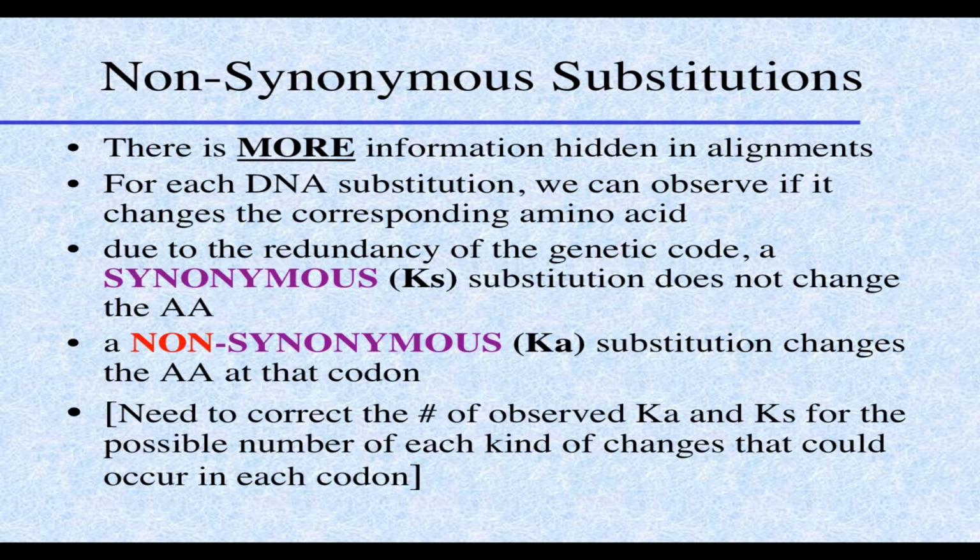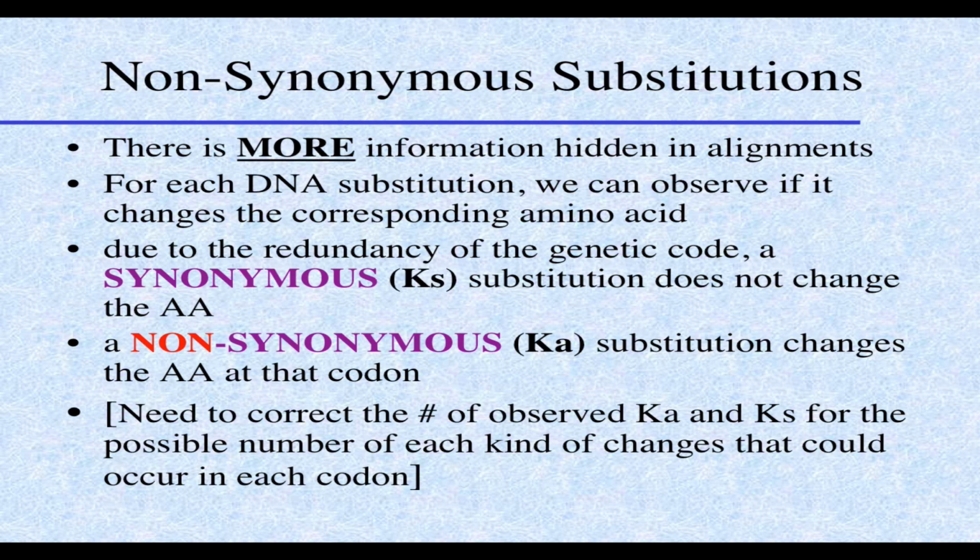All right, one more thing I'm going to talk about that's related to this is this idea of selection and synonymous versus non-synonymous substitutions. And this is essentially another layer of information that's present in your multiple alignment. For each DNA substitution in a coding region, obviously, we can observe if it changes the corresponding amino acid or not, right?